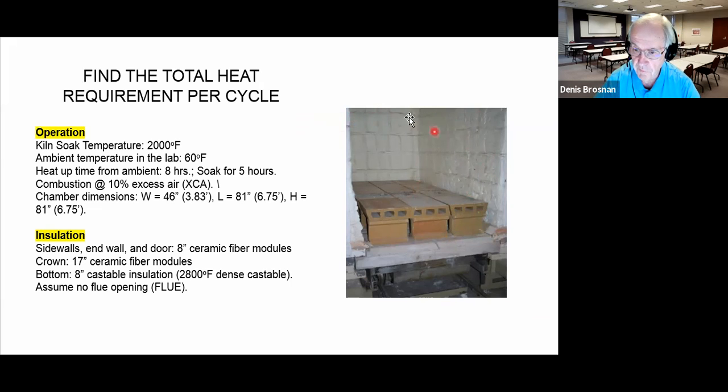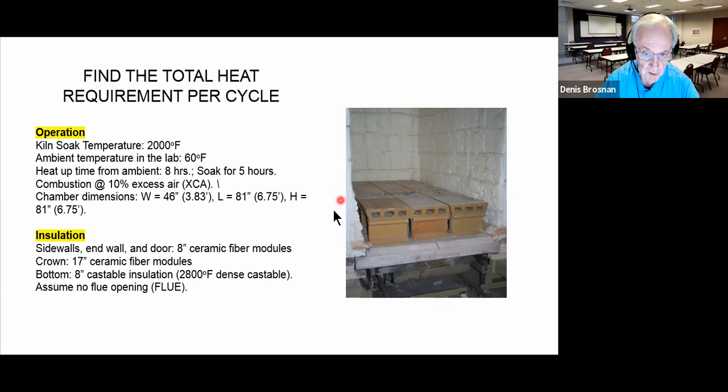Now you can see the refractory insulation. When we received this kiln, the insulation consisted of ceramic modules. You can see them looking like big blocks attached to the shell of the kiln, the sidewalls, the end wall, the sidewall again, and you can't see the crown, but that's what's up there. They're suspended from the roof or crown of the furnace.